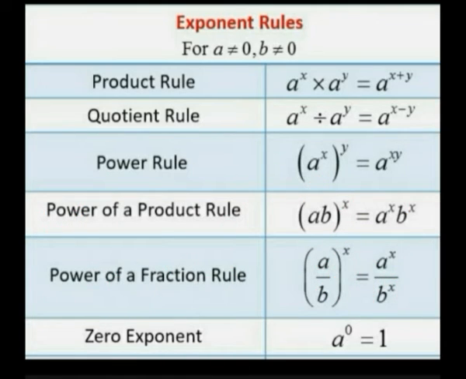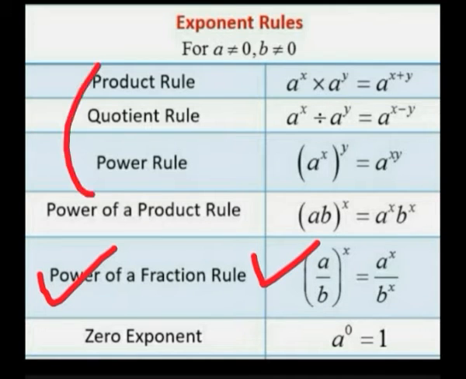Next is the power of a fraction rule. It is more or less similar to the previous one, the power of a product rule, because it says that when the division of two bases is raised to an exponent, then the exponent is distributed to each of the bases. Now here division is going to be done. So let's take an example.